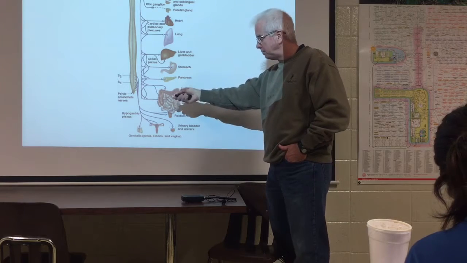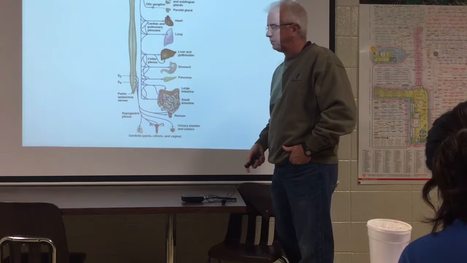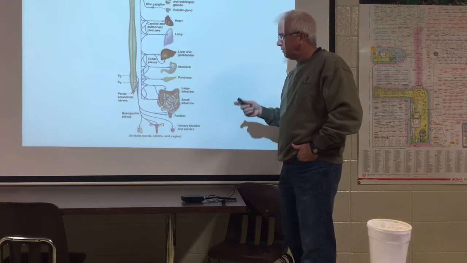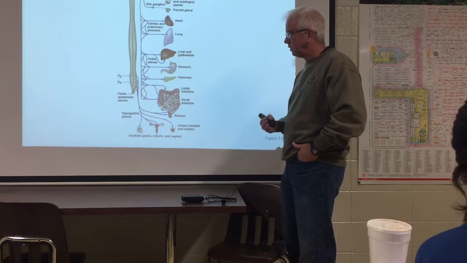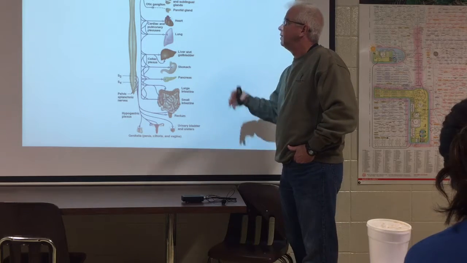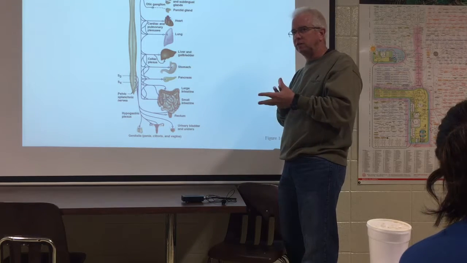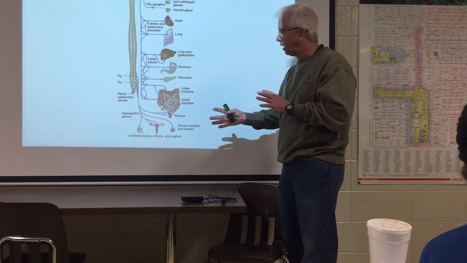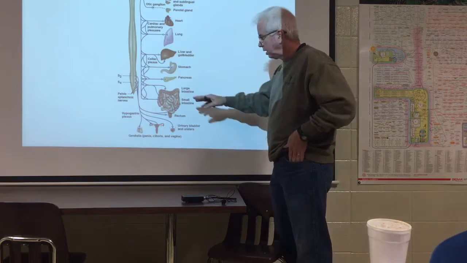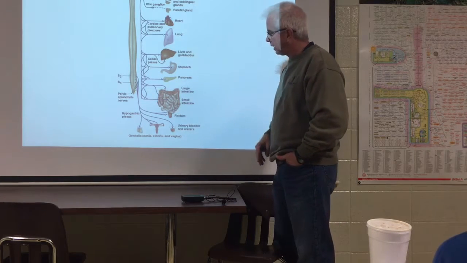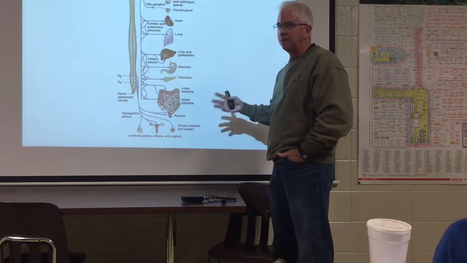Down here at the bottom, you see the sacral division fibers. So there's a very important place where the influence of the cranial division and the influence of the sacral division are seen handing off to one another. And so this picture right here actually gives you an idea about where that happens.